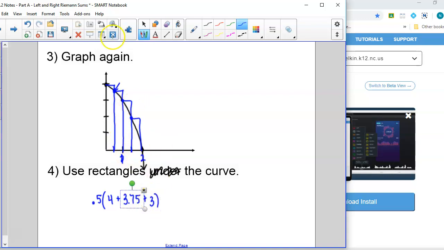The height of the last one is 1.75. So if we add all that up, we get 6.25. And so this one is an overestimate.